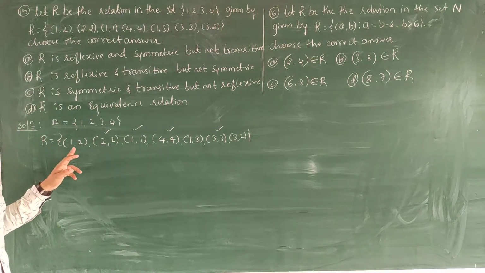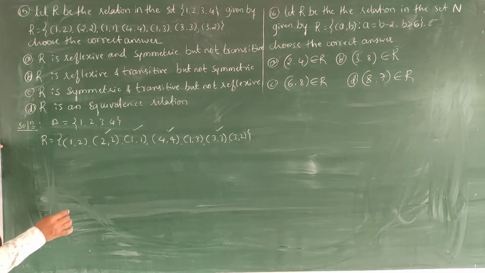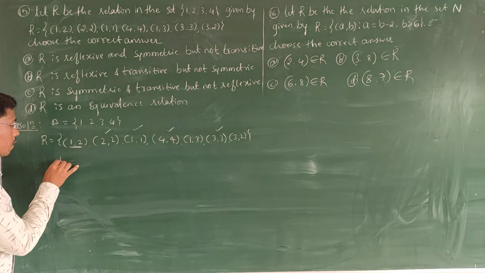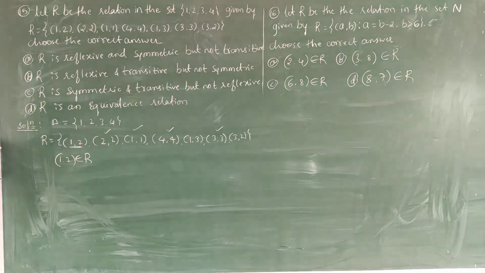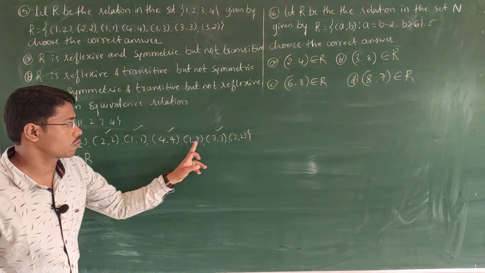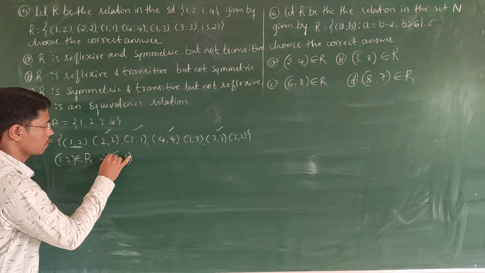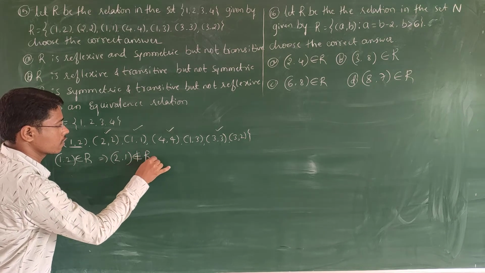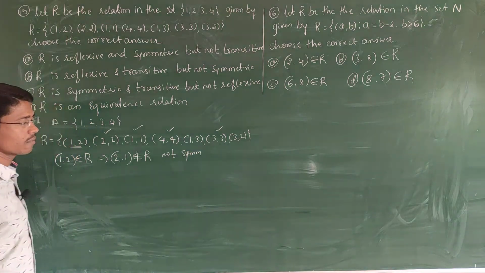So therefore R is reflexive. Okay. Next, symmetric we have to check. (1, 2) belongs to R. Its reverse, see its reverse (2, 1). So (2, 1) is not there. This implies (2, 1) does not belong to R. Therefore, it is not symmetric.